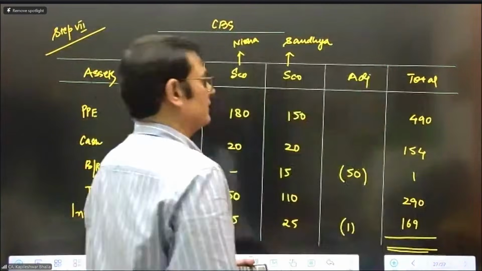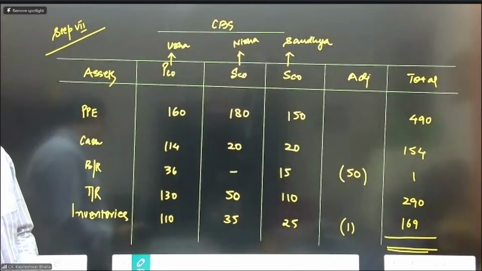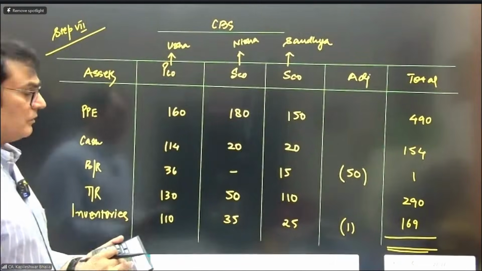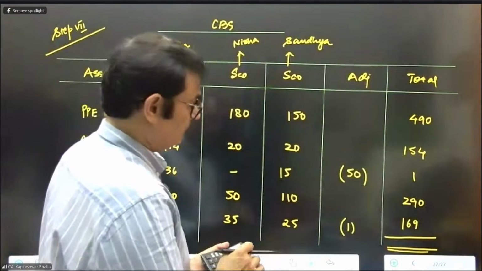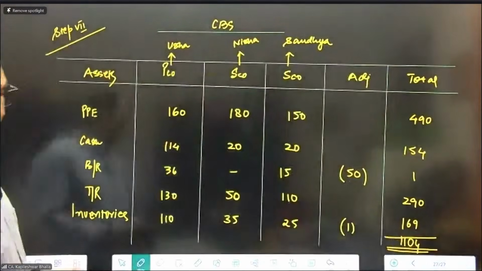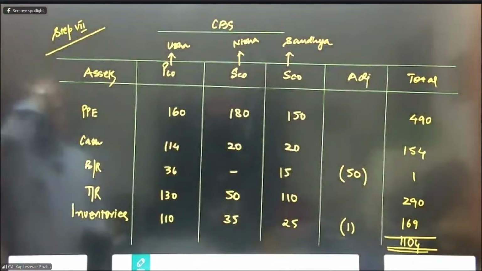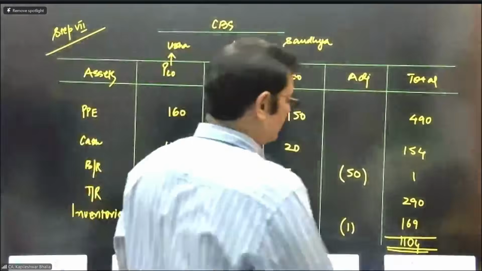And this will give us the total of the asset side of the balance sheet. So let's see what is the total of the balance sheet. That's 1104. Right, so I think the asset side of the balance sheet is done. Now let's focus on the liability side of the balance sheet.